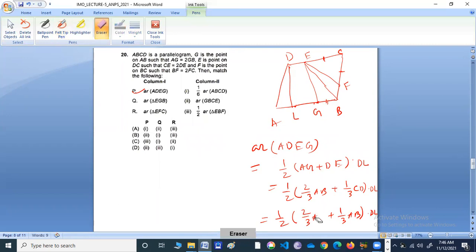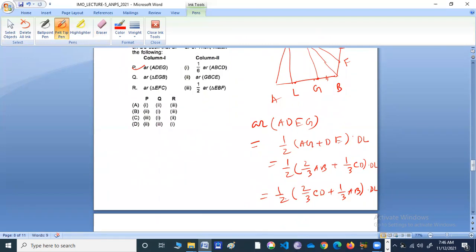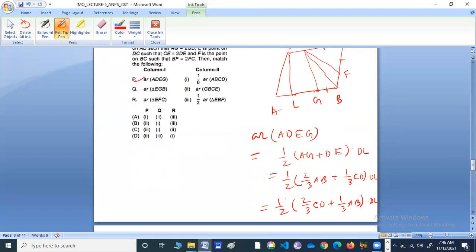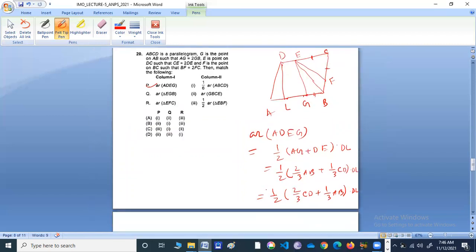AB is equal to CD, so let us change this to CD. Why have we changed? Because then we can do many things. So let us do it here.